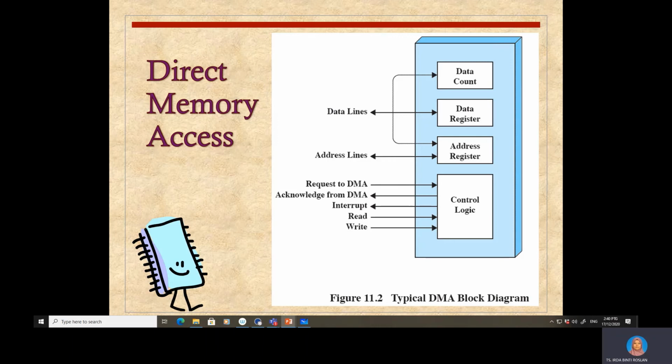Only when it wishes to access data, it sends a command to the DMA module, and at the ending part, when the data transfer is finished, the DMA sends a signal to the processor so that it will continue with control. So this is about direct memory access. You can read the explanation of this slide in the footnote.